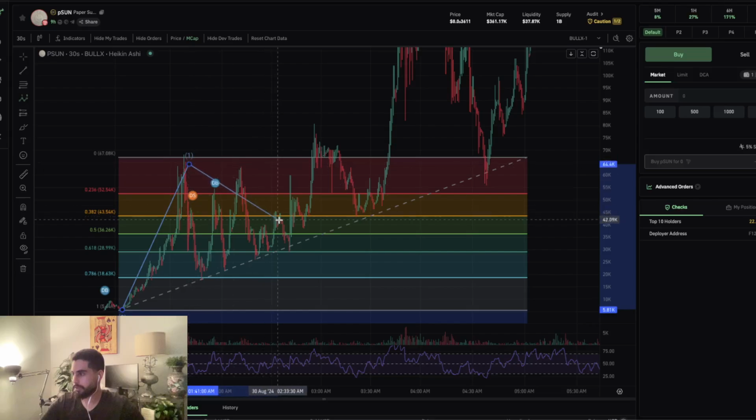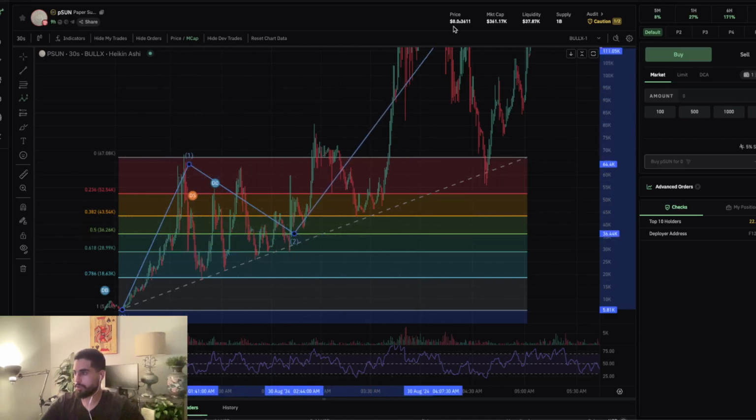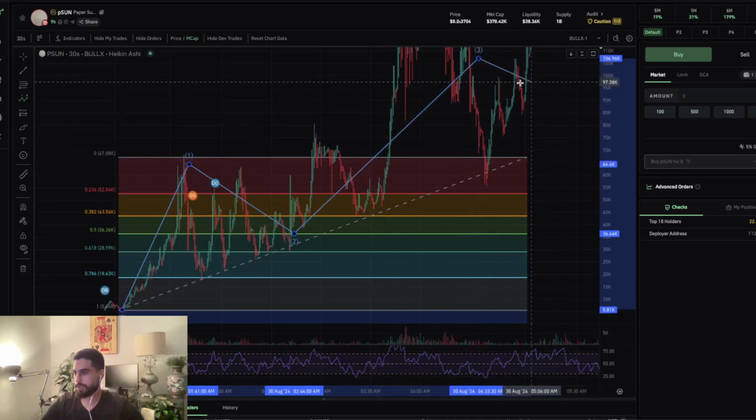Impulse wave, correction wave. 1, okay, 2, and 3 is going to be a lot higher. 4 and 5. We'll put these in the right positions. Just wait. Okay, so this is your first impulse wave.